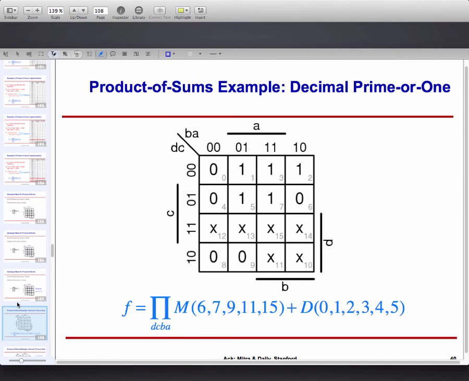Okay, so let's look at this example, decimal, prime, or 1. We saw it a short while ago. So I have 0 here, 0 here, 0 here, and these two zeros. So 6, 7, 9, 11, and 15 are the places where zeros occur. And then I have a bunch of don't care set.